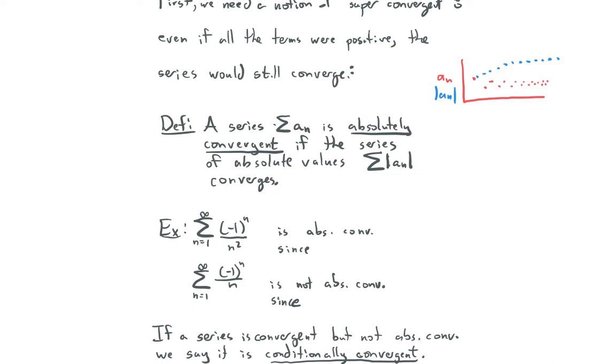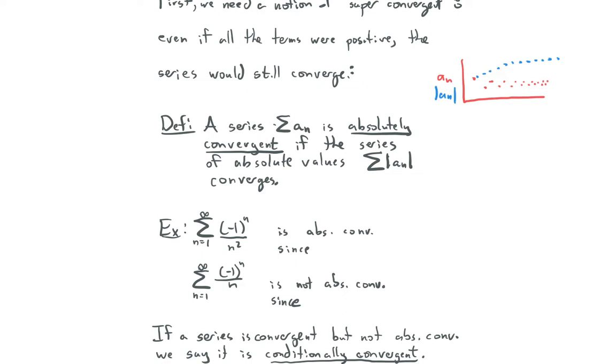So we say a series is absolutely convergent if the series of absolute values of each term converges. And let me give you a couple of examples. So the first one is (-1)^n over n squared.